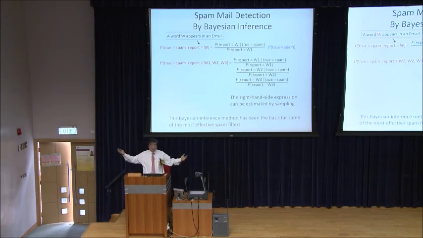Then you can collect millions of spam emails and count the frequency of those words appearing in them. The right-hand side is computable. The left-hand side cannot be computed. The left-hand side asks if an email is spam based on the email's words. The right-hand side says the other way around: what's the chance a given word appears in a spam email?